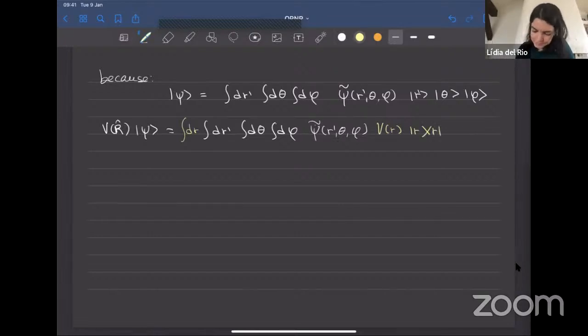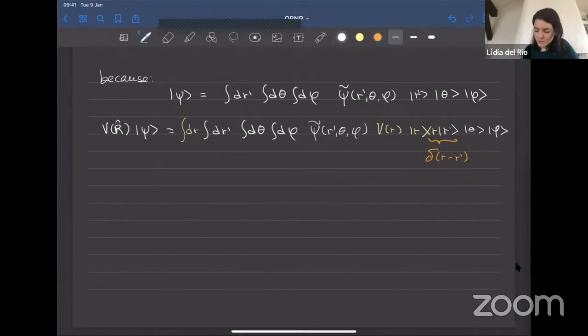And now comes the ket again. And this thing here, well, this is a number again. It's just a delta function between r and r prime.